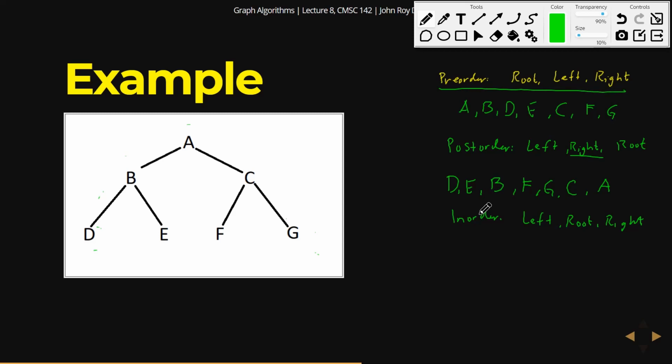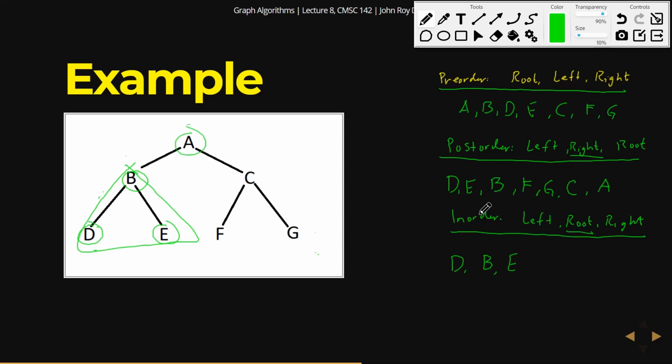So this is pre-order, post-order, next is in order. For this one, we need to process the left subtree first, right? And then in this subtree, again, we need to process the left subtree first, so that would be D. After that, we need to process the root, so B is processed next. And then the right, which is E. So D, B, E siya. After processing the left subtree, we can now go to the root, so that is A, right?